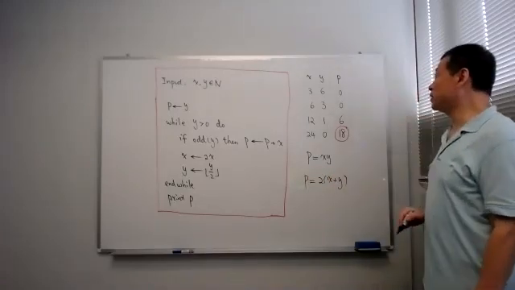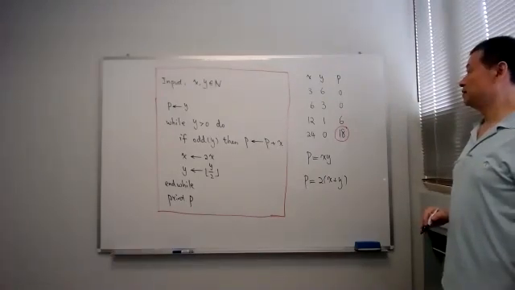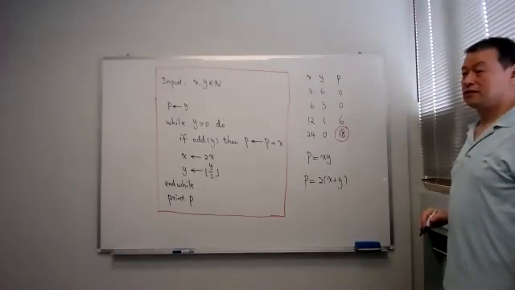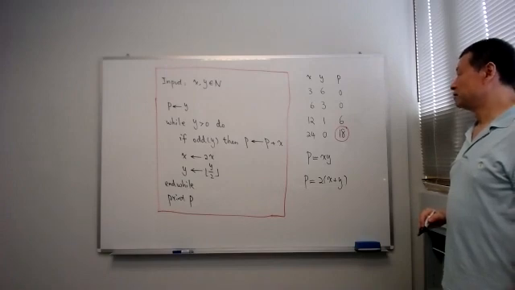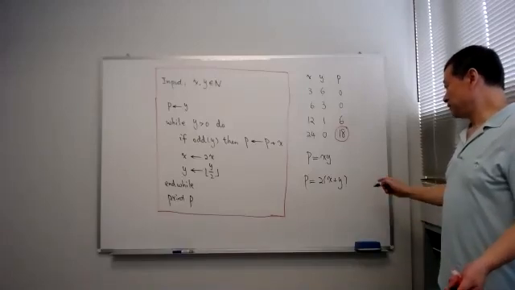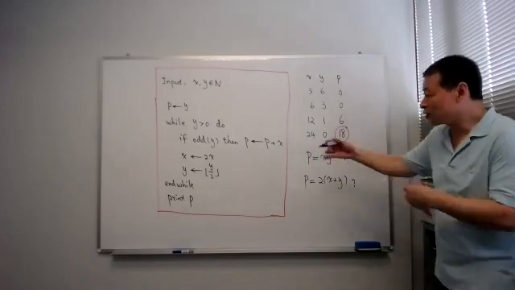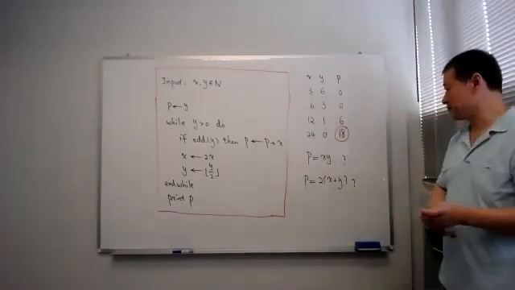It's also equal to 18, right? Or maybe something else. How do we know? Is it this one or this one or something else? It's not quite clear at all from the algorithm.